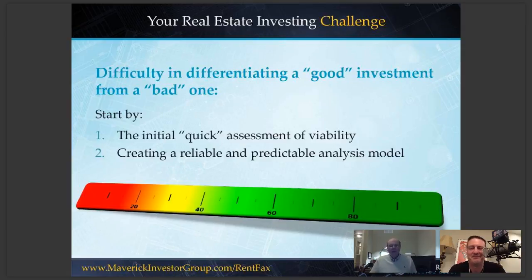So having a number to look at is valuable for you, particularly if you're comparing properties. If you've got two $85,000 properties and one is a 25 and one is a 35, I can promise you that 35 property will outperform the 25 property in nearly every instance. So should you not buy the 25? No, you should consider it, but this might be a time to ask for a lower cost.